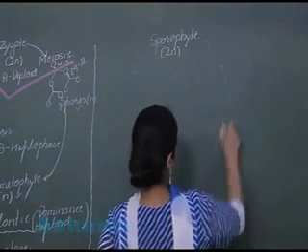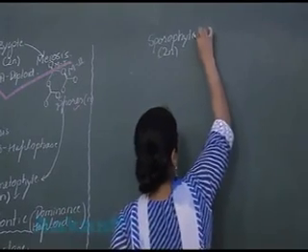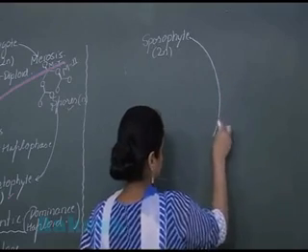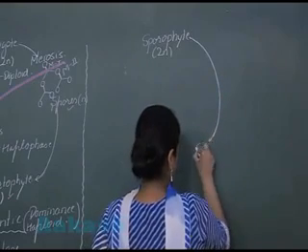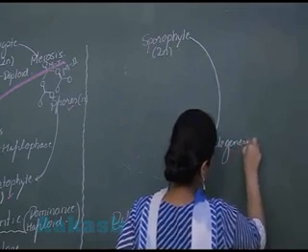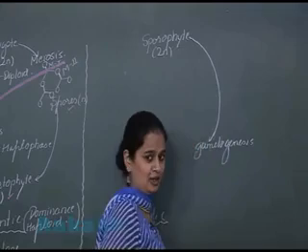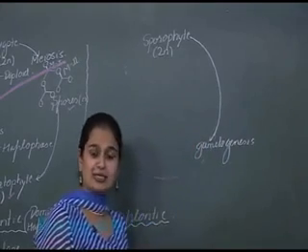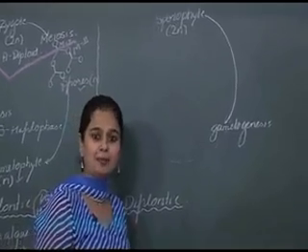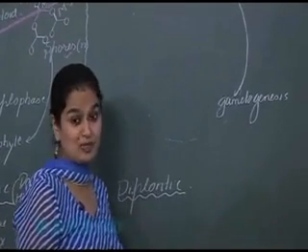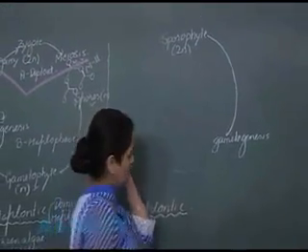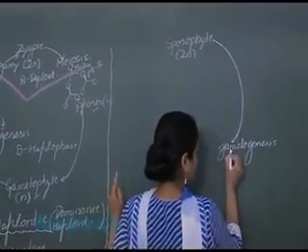Now diploid sporophyte shows gametogenesis, and during the gametogenesis there is meiosis. So you know gametogenesis is gamete formation, and gametes are universally haploid. तो haploid gametes बनाने के लिए ये जो sporophyte है, it will show meiosis. So gametogenesis के time पर होगी meiosis.